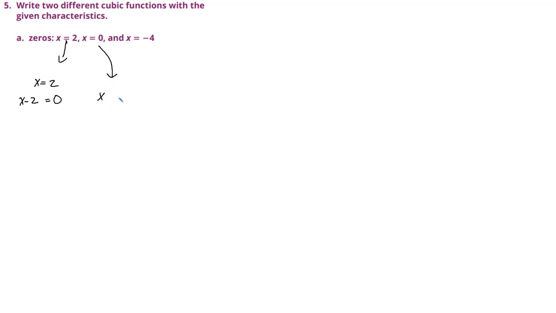So this is going to create the x minus 2. This is going to create the x. What would x equals 4 create? So those are the 3 factors we have to work with. And I want you to come up with 2 different cubic functions.